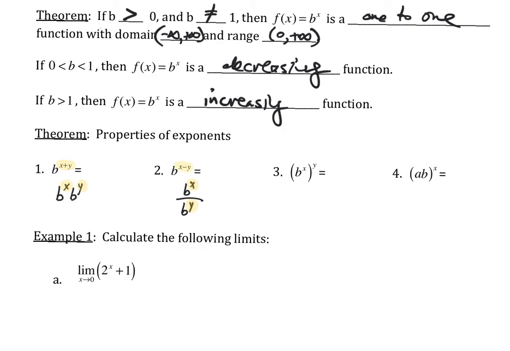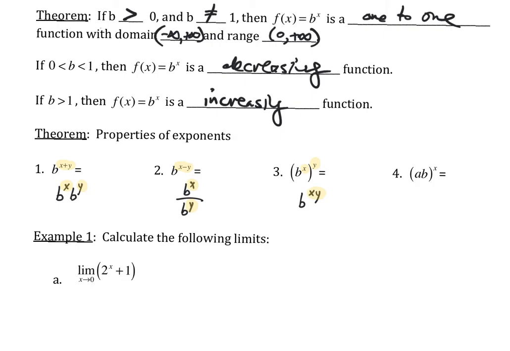Okay. And what happens when you have a power to a power? Well, when you have a power to a power, you're going to actually multiply the exponents. Okay. So if I look here, you've got one power, b to one power, and then you raise the whole thing to another power, that's going to multiply the exponents.